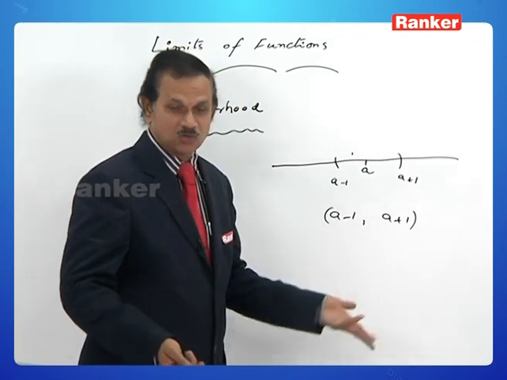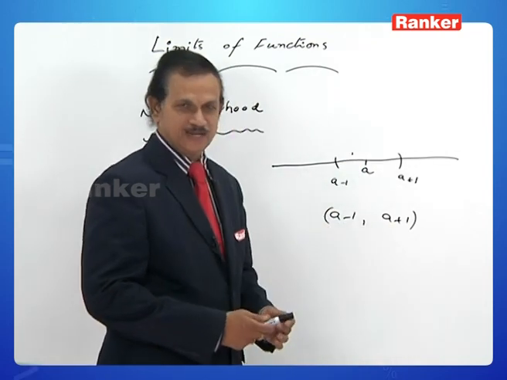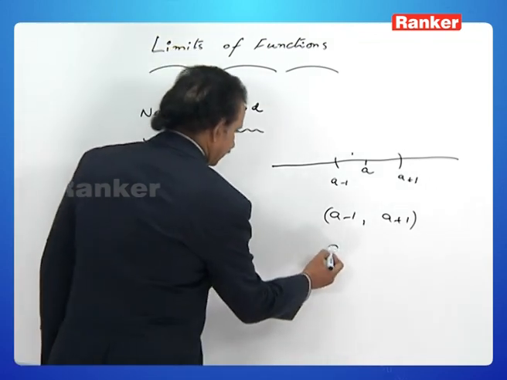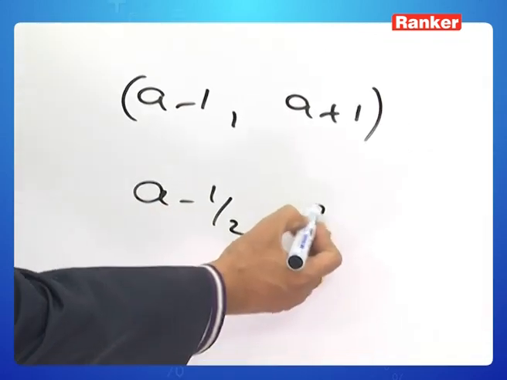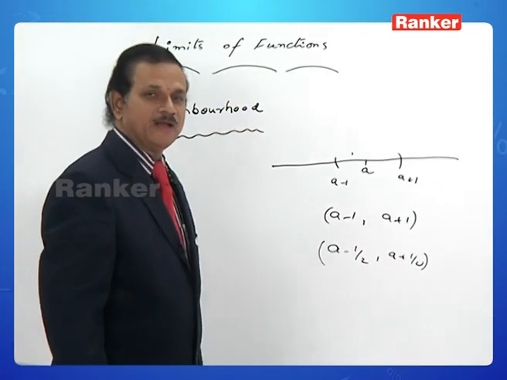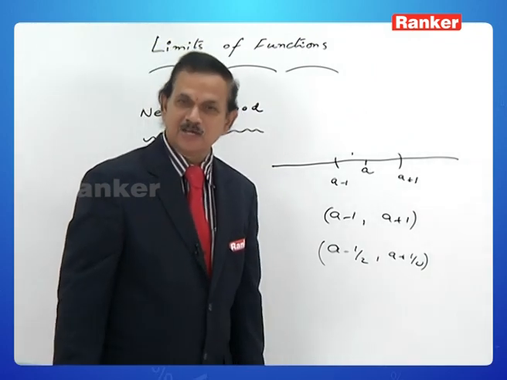centered at a of course, with radius 1 unit and length 2 units. Length of this neighborhood is 2 units. Again, consider a minus half to a plus half. What can we say about it? It is again another neighborhood of a with length 1 unit and radius half unit.